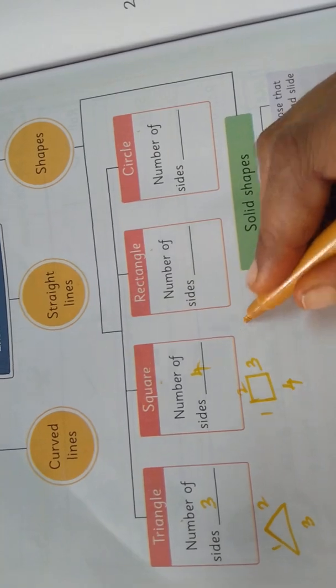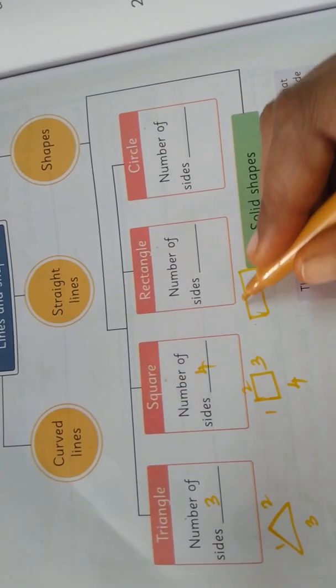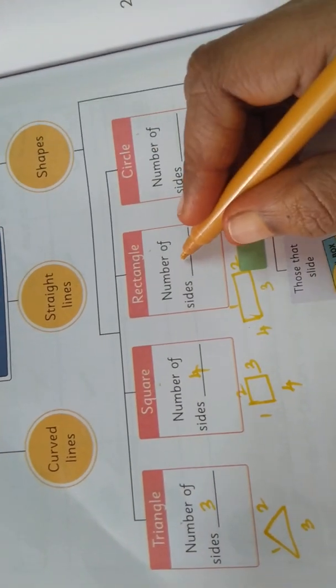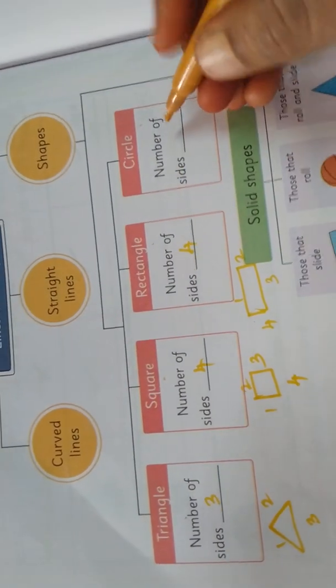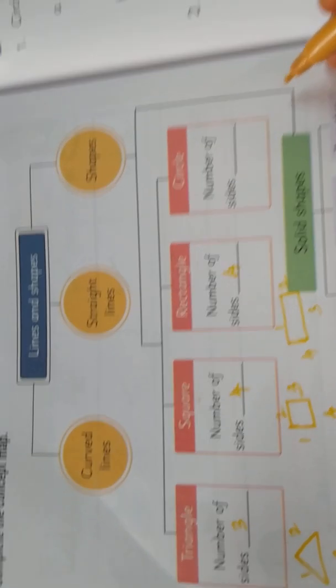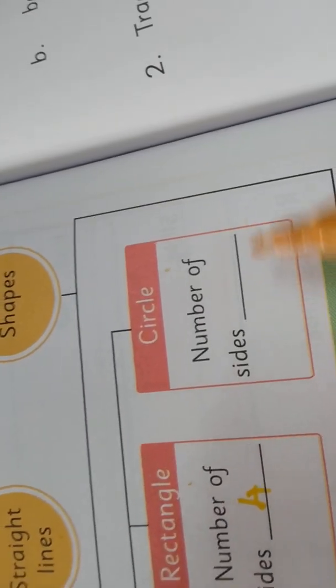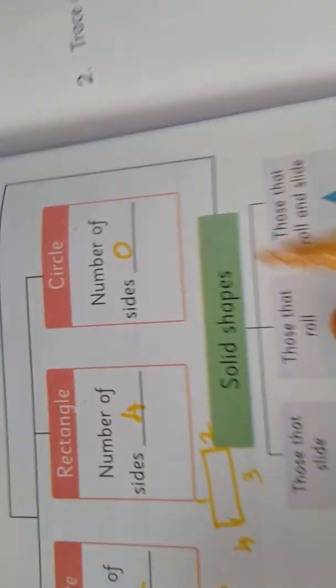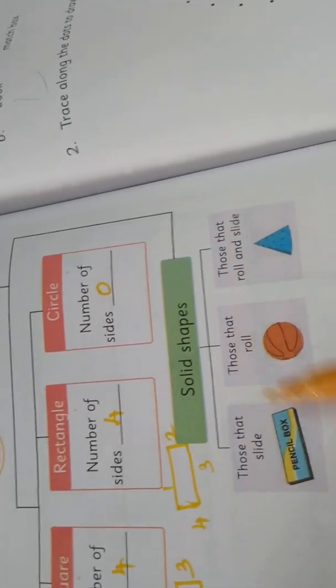See the rectangle. 1, 2, 3, 4. Number of sides for rectangle? 4. Does a circle have any sides? See, number of sides for circle is 0. Okay. See next, we have seen the solid shapes.